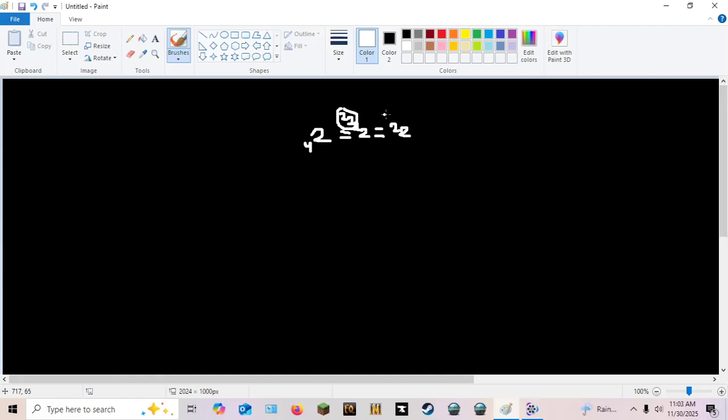So 2 tetrated to 2 is 4. And then we gotta evaluate 2 tetrated to 4, which is 65,536. So this actually equals 2 tetrated to 65,536. I just gotta move the 2 a little bit.